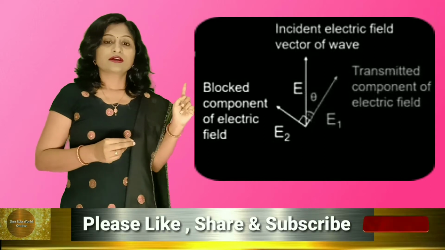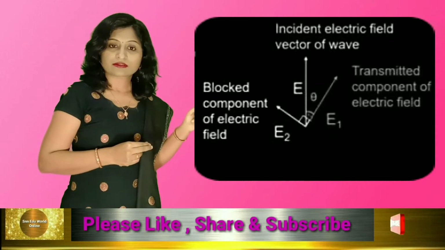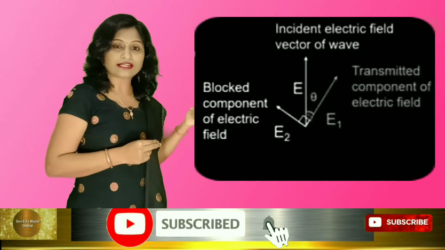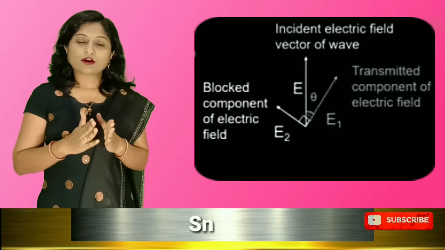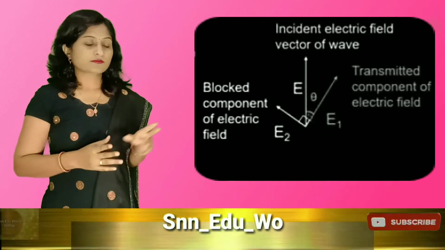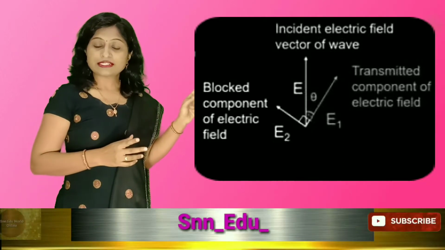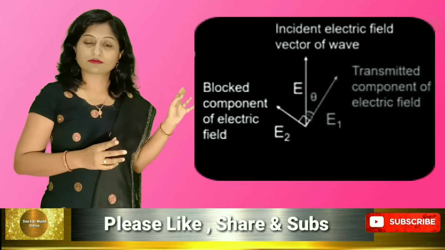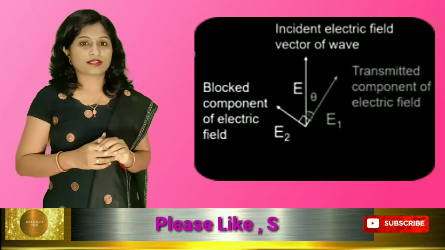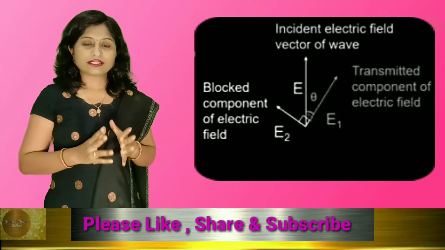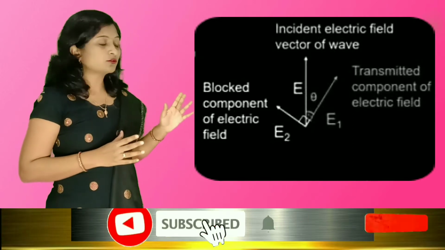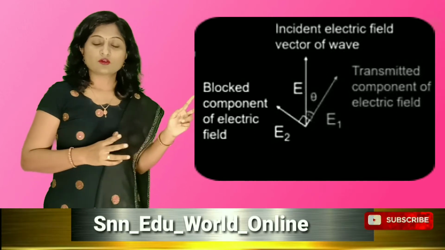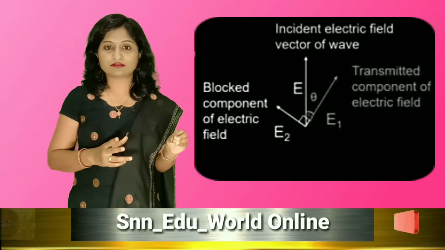According to the electromagnetic theory of light, E represents the electric component of the light ray coming from the polarizer. This electric component divides into two components, E1 and E2, along these two directions, according to vector resolution.